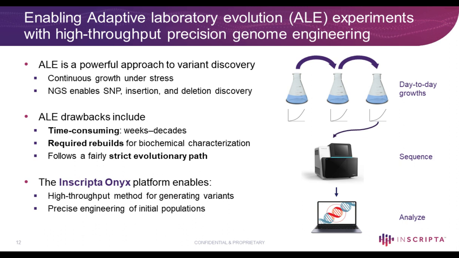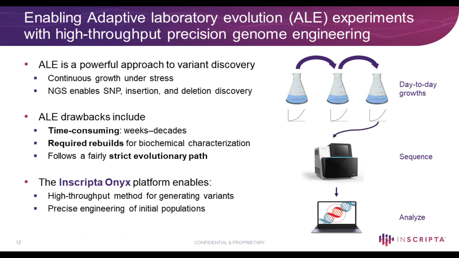ALE is also fairly restrictive in its evolutionary flow because it's moving linearly along a path of evolution. So it doesn't get to explore the full breadth of trying multiple different modifications because it's just moving linearly along what wins, kind of a random walk in a way.